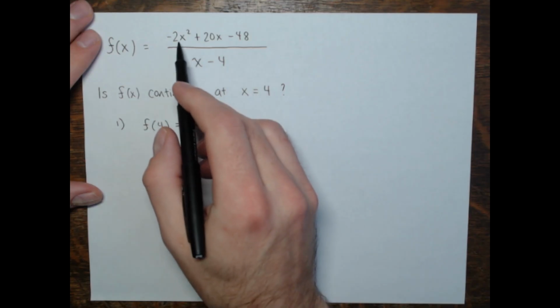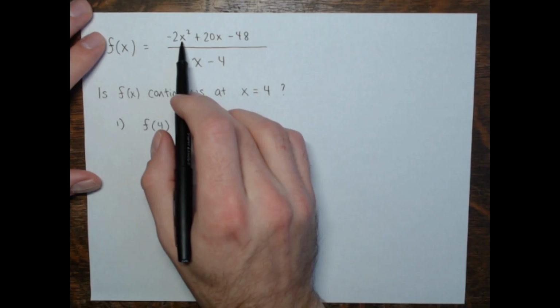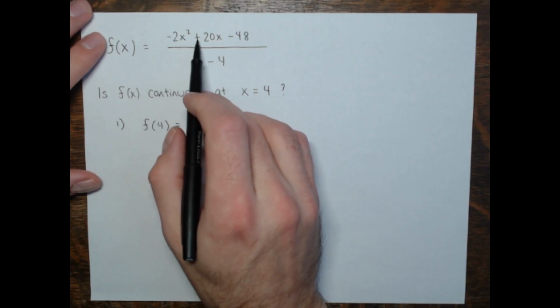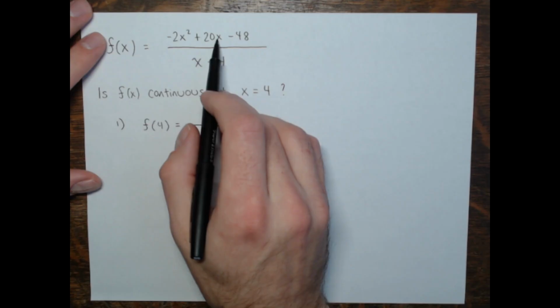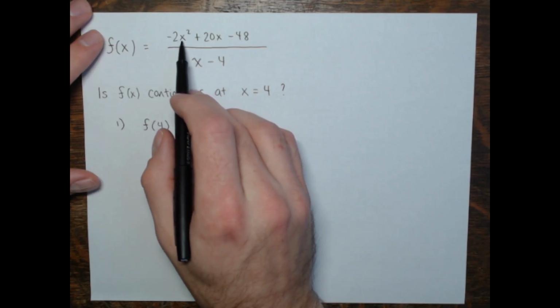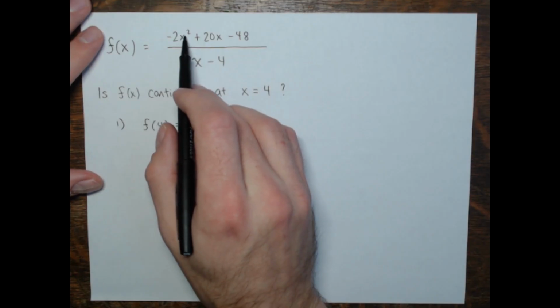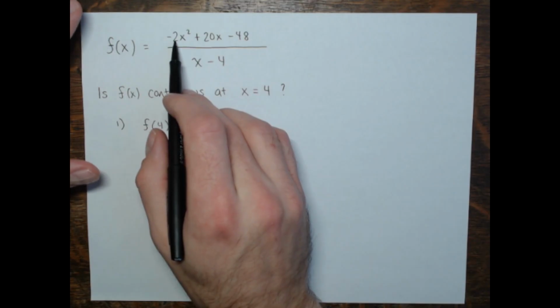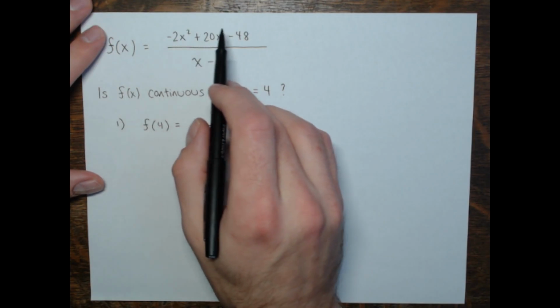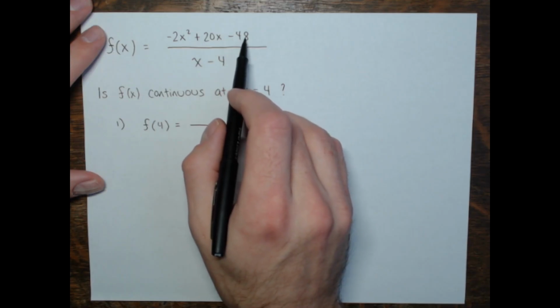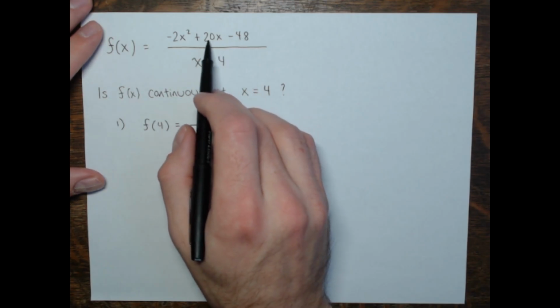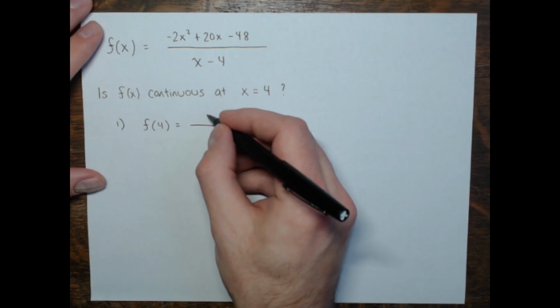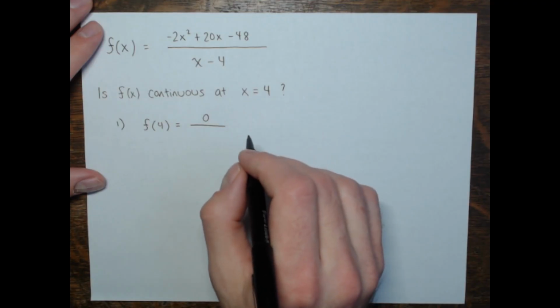If I plugged 4 in for x, 4 squared is 16 times negative 2 would be negative 32, and minus 48 would be negative 80, plus 20 times 4 is 80, so you get 0 in the numerator, which is fine.